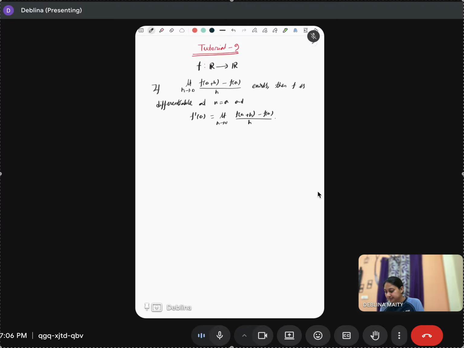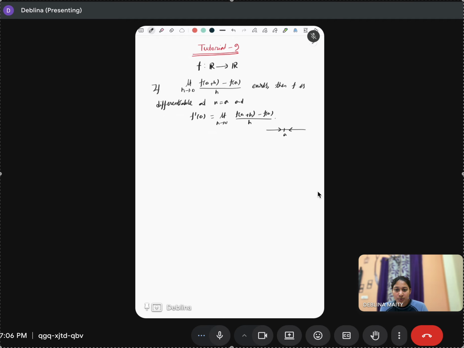Right. Now in the real line, for this a, we can approach a from only two directions, from left or right. So when we say that h goes to 0, this means h can go to 0 from the left side and the right side.